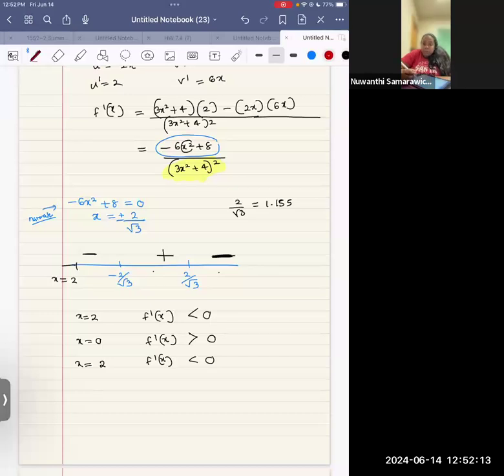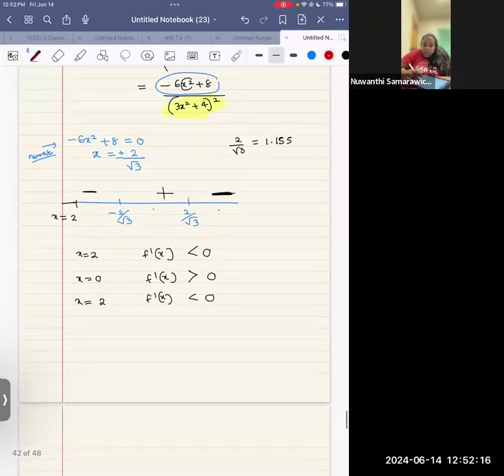Now we have a problem, because this 2 over square root 3 is 1.155. We need to check our conditions. x should be between 1 and infinity, right? But here you see, that interval is this. So in this interval, we have to check whether the function is decreasing or not.